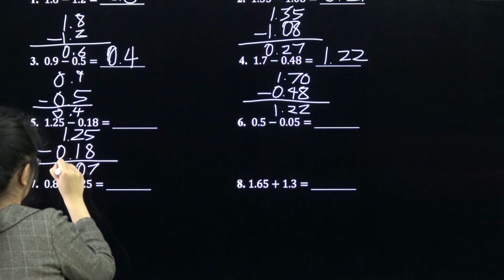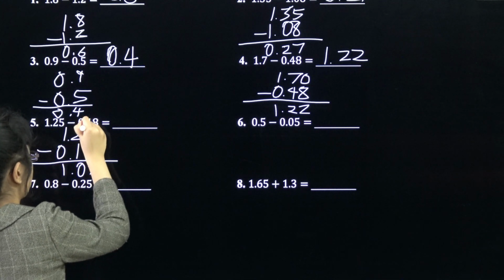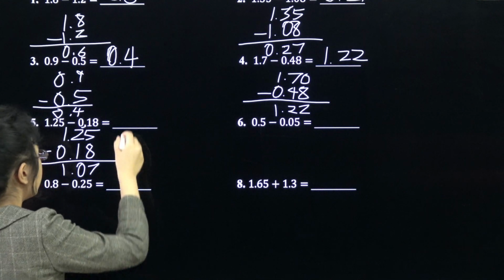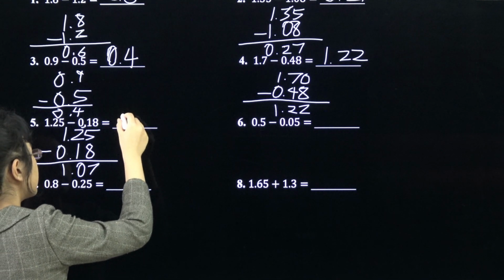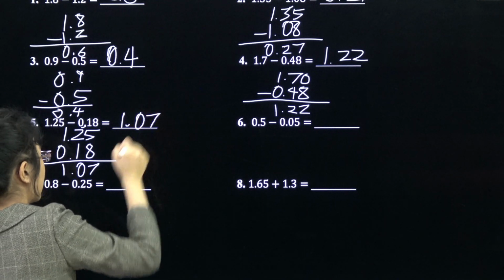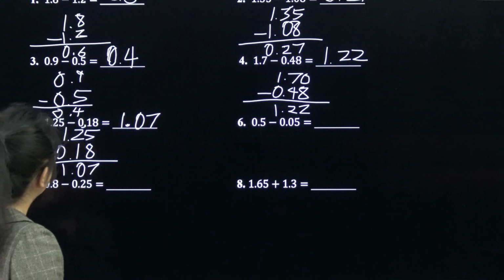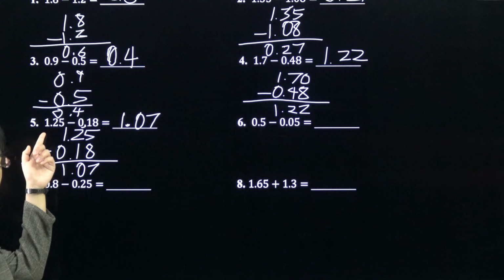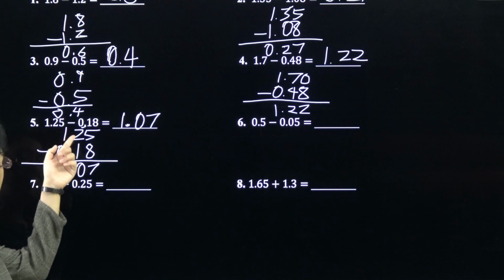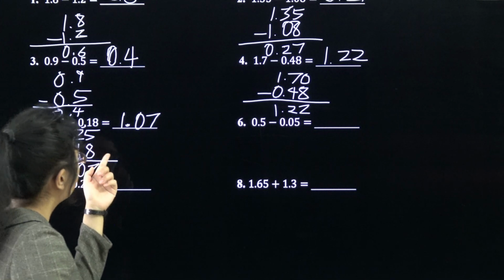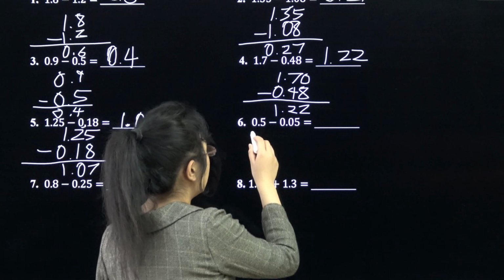And then 1 minus 0 equals 1. I should probably do the borrowing sign. And we just get 1.07. 1.25 minus 0.18 equals 1.07.